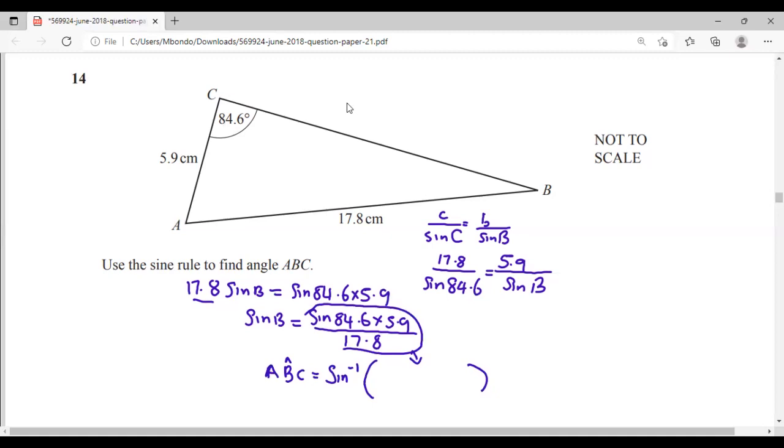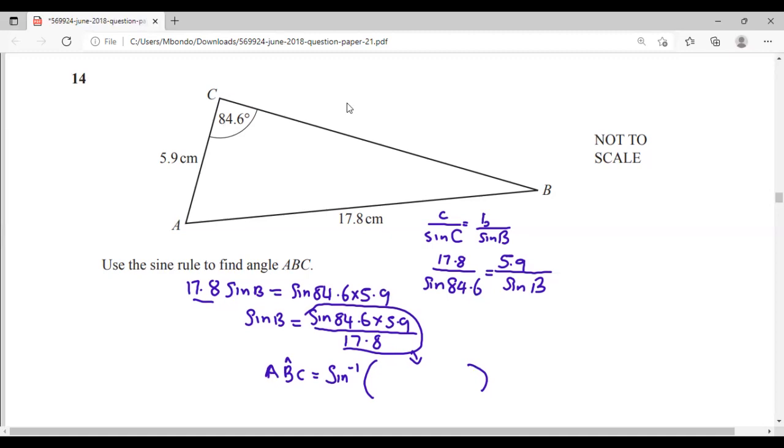You start with sine 84.6, multiplied by 5.9, divided by 17.8.